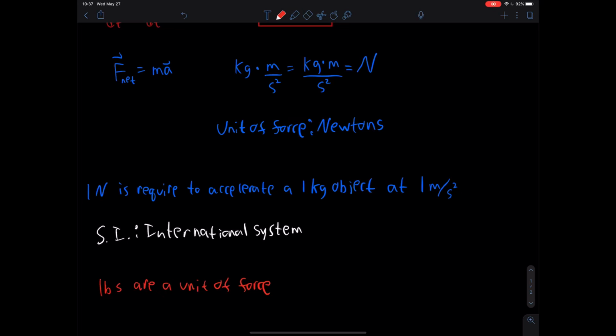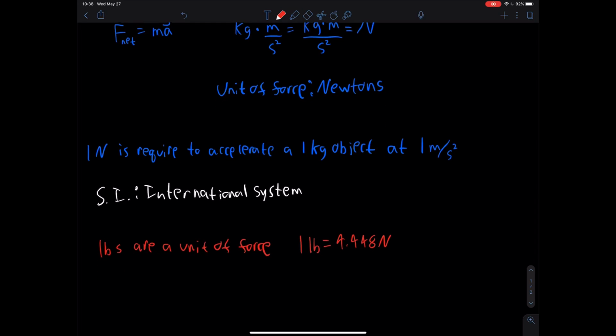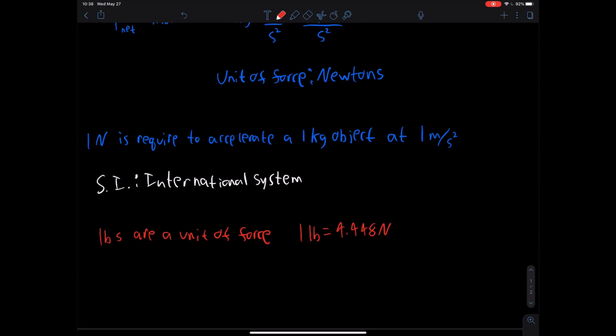So 1 pound is pretty much equal to about 4.448 newtons. And then we can talk about a dyne.